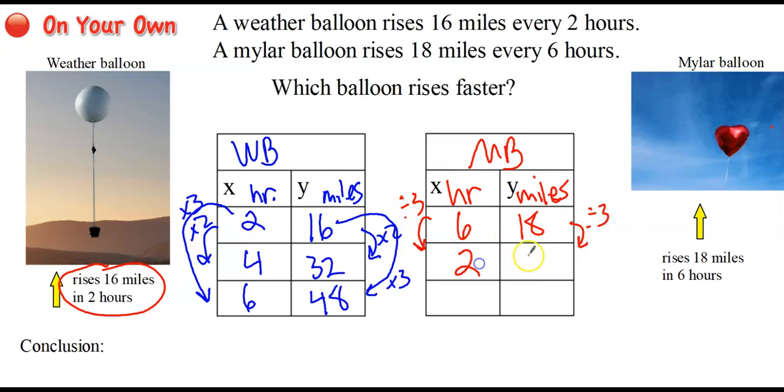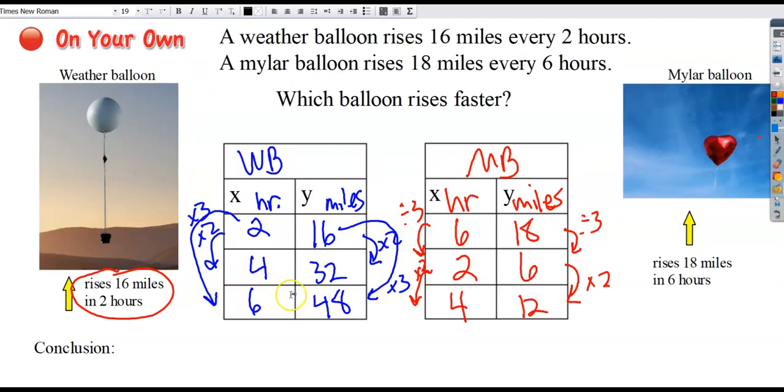And then I would get 2 and 6. So the 2 is another common time. And then I thought, well, what if I multiply by 2 to get 4? So I have 3 common times. And notice the miles are very different.